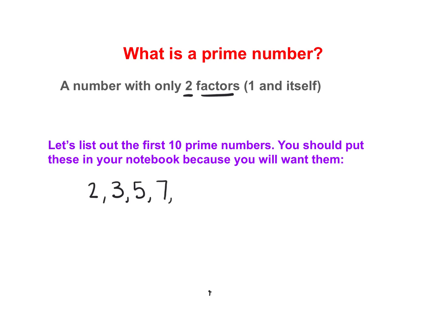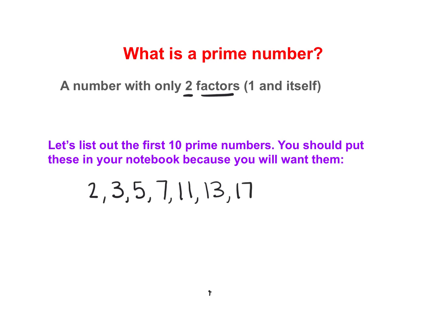So 9 doesn't work, 10 doesn't work, but 11 does, 12 does not, 13 does, because it's only 13 times 1, 14 no, 15 no, 16 no, 17 yes.